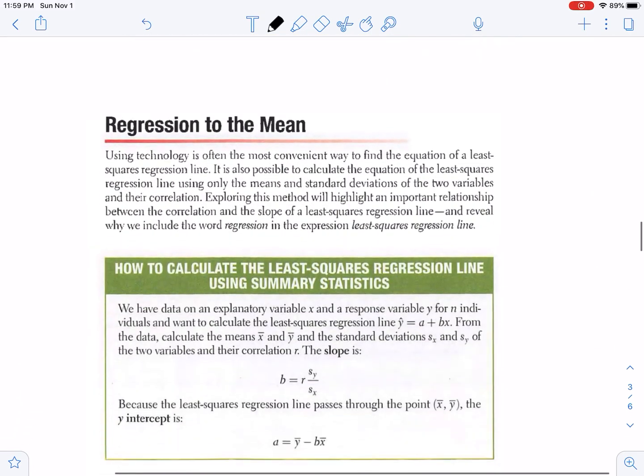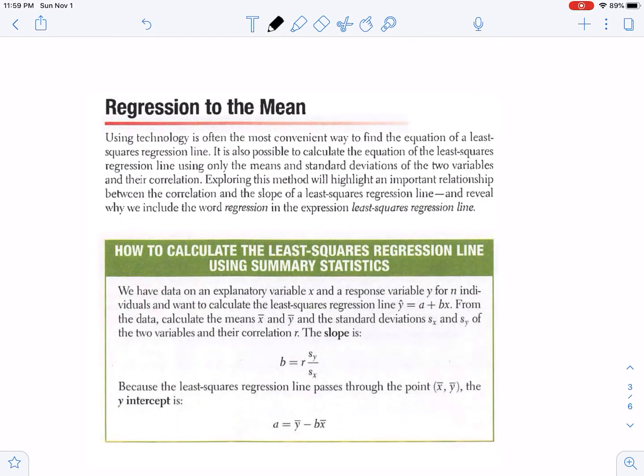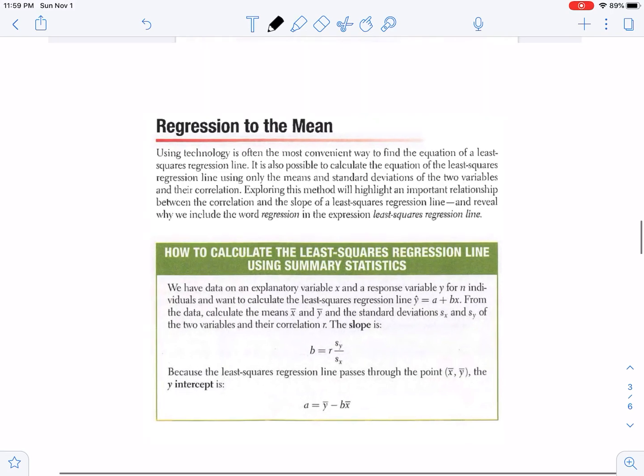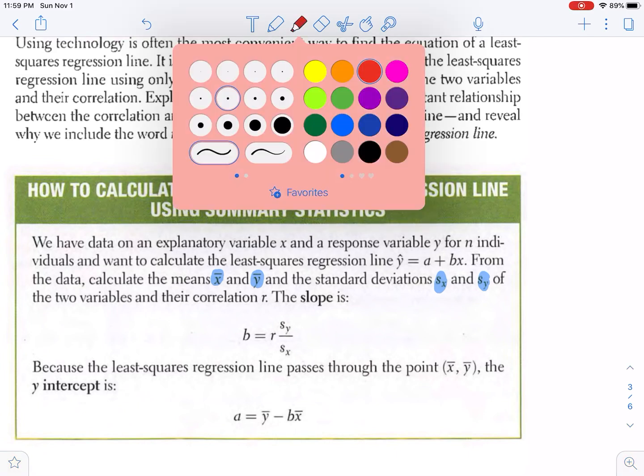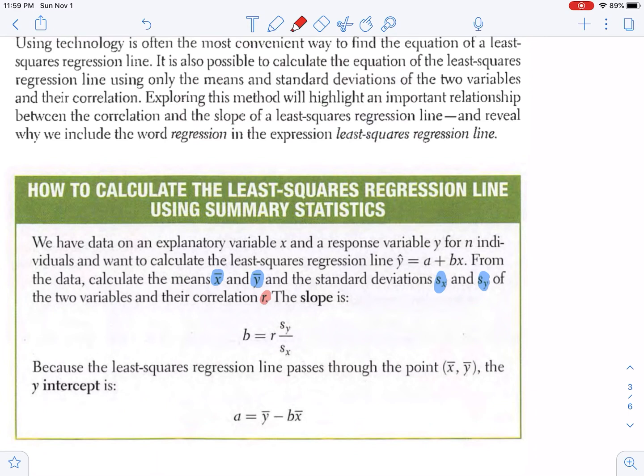All right, but there's one more way to do regression, and that's if you know some information about your data. If you know the mean of the x values and the mean of the y values, the standard deviation of the x values and the standard deviation of the y values, and you know the correlation coefficient, the correlation number r, you can calculate b in our formula, as it is right here.